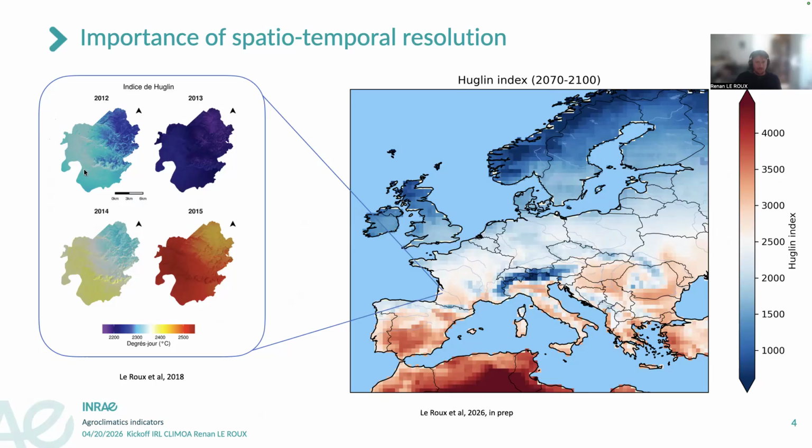If we look inside this small area near Saint-Emilion, you've got a lot of variation of the Huglin index inside a very, very small area. And also you've got a lot of variation between years. It's quite important to take into account the spatial, but also temporal variability of this kind of index to adapt to climate change.